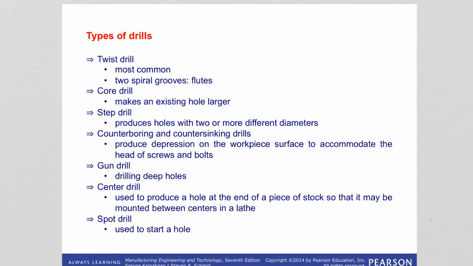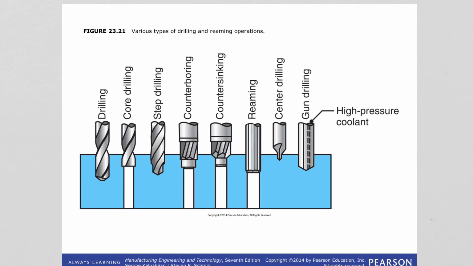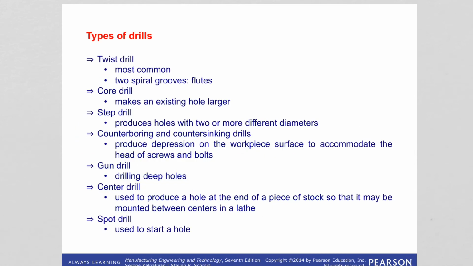So there are different types of drills, and the twist drill, the one we have just seen the example of, is the most common type. Generally they have 2 spiral grooves, meaning flutes. Here you are seeing an example. And there are core drills.